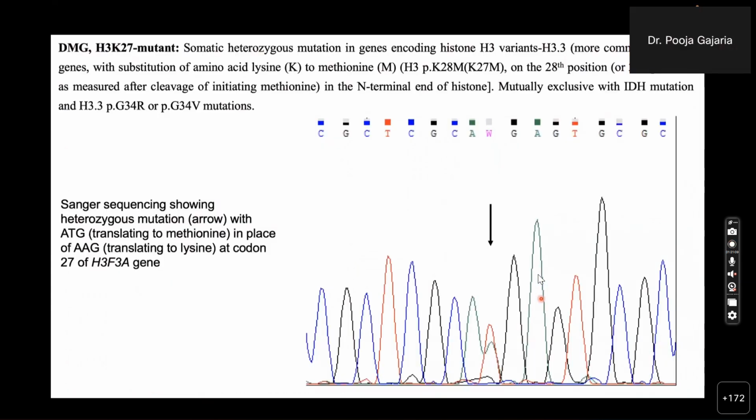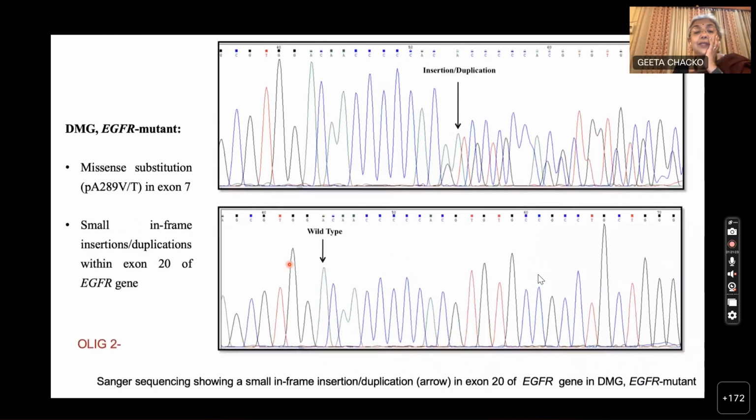Okay. So if one does the Sanger sequencing, you can see that methionine replaces lysine at codon 27 of the H3F3A gene. And in the EGFR mutant tumors, you can either see a missense substitution in exon 7 or an in-frame insertion at exon 20.